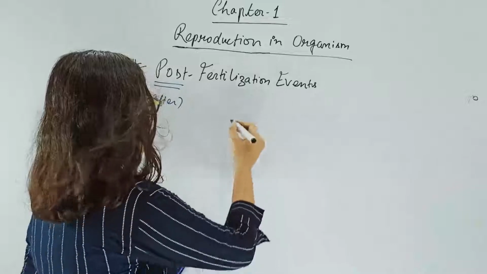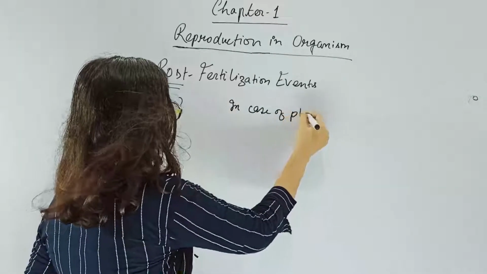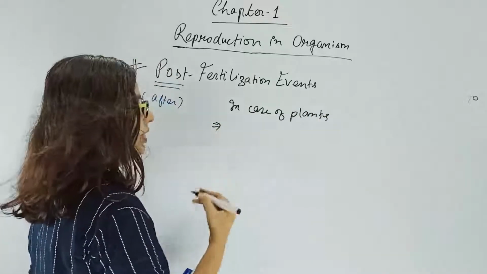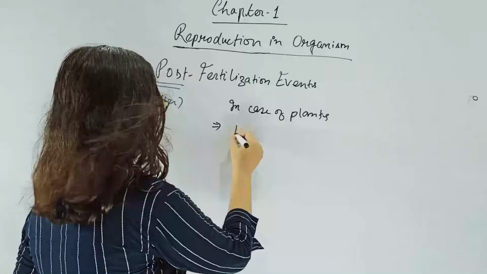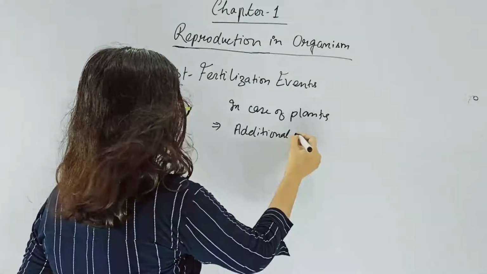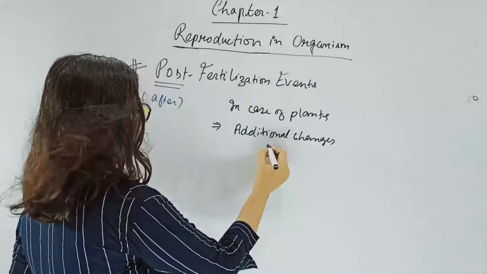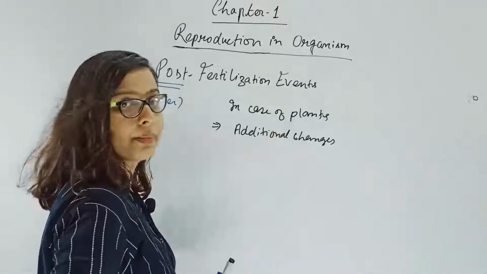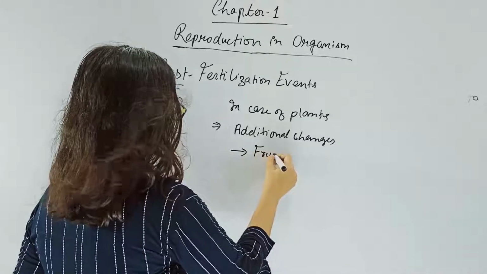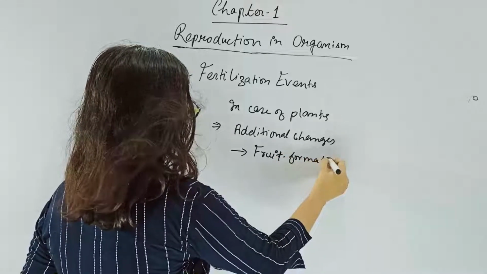So in case of plants, there can be some additional changes, such as fruit formation. After fertilization, the fruit formation will take place.